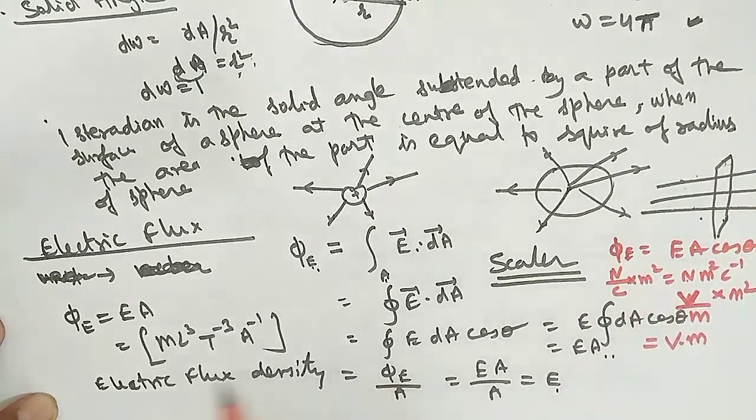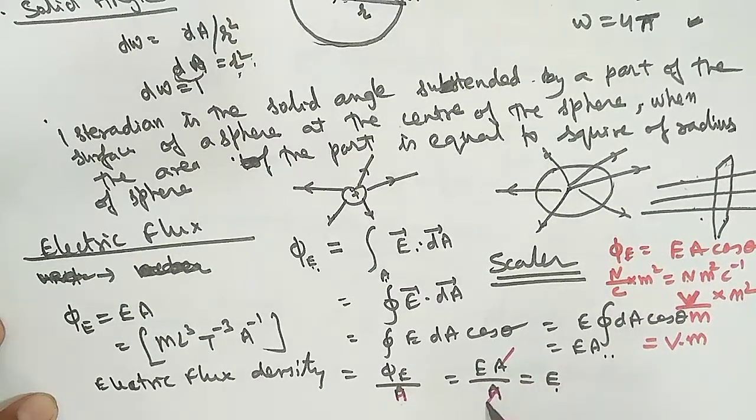That's why electric flux density means the electric flux divided by the surface area A. So the electric flux means E into A upon A. So A is cancelled, and the electric flux density is E.